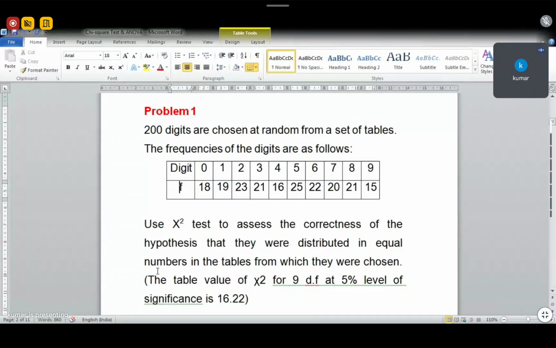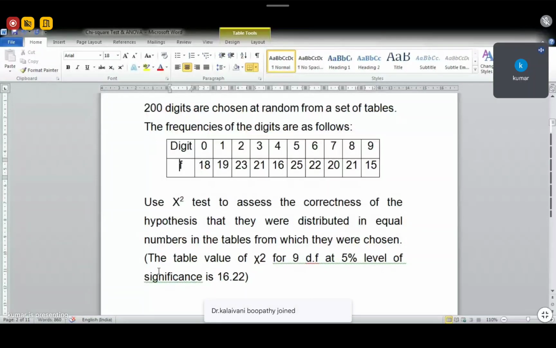200 digits are chosen at random from a set of tables. The frequencies of the digits are given below: 0, 1, 2, 3, 4, 5, 6, 7, 8, 9. 0 occurs 18 times, 1 occurs 19 times, 2, 23 times, 3, 21 times, 4, 16 times, 5, 25 times, like that it is given. Use chi-square test.